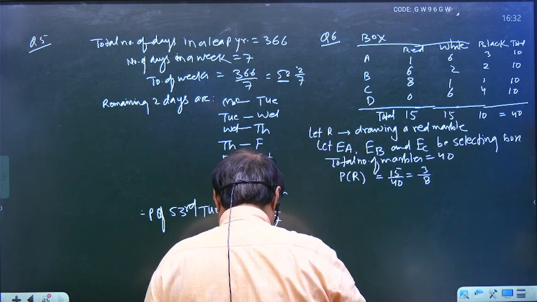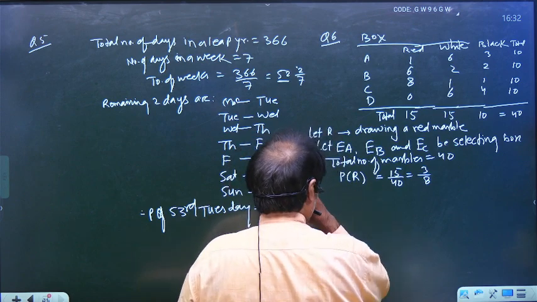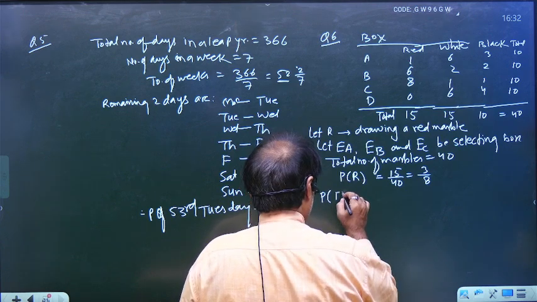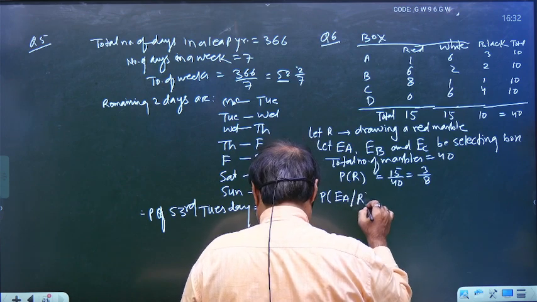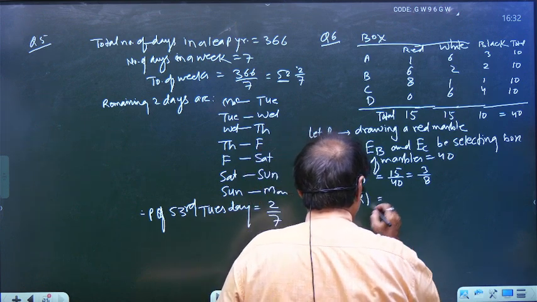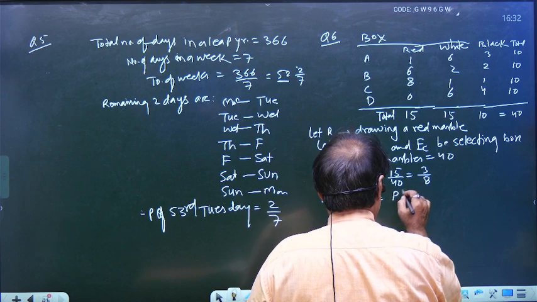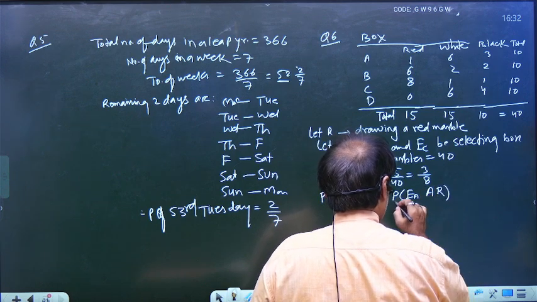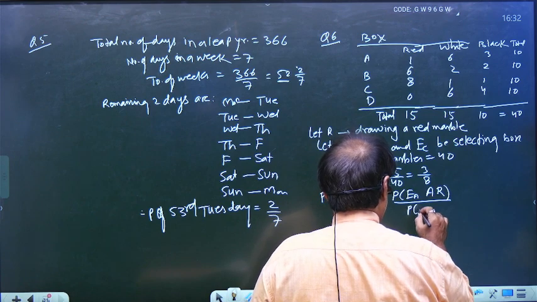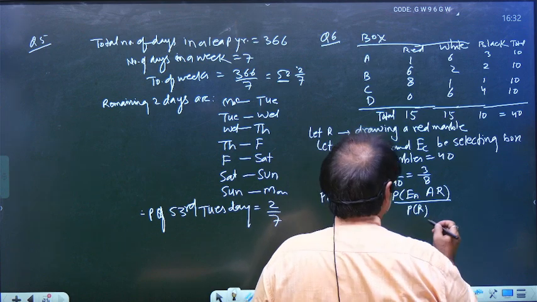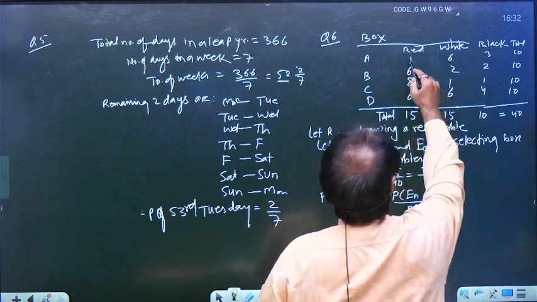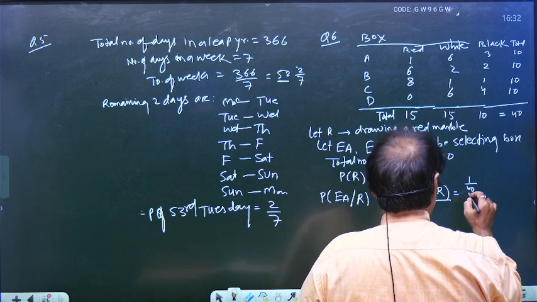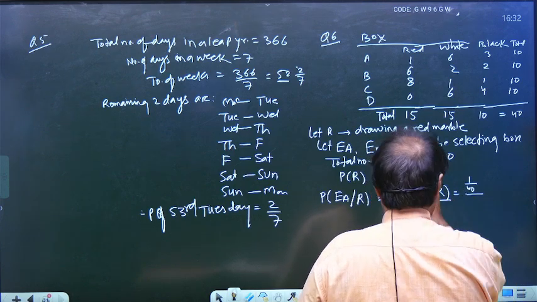Now find the probability of drawing a red ball from box A. So EA given R means probability of EA intersection R upon probability of R. EA intersection R: the red ball is 1, so 1 by 40 divided by 15 by 40.